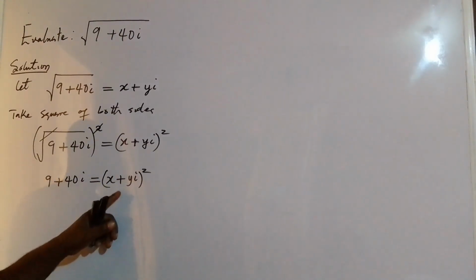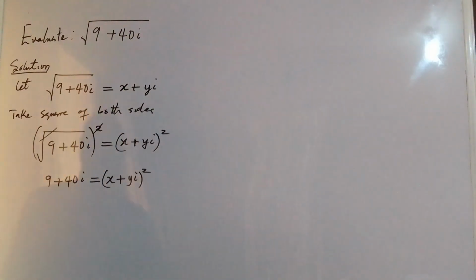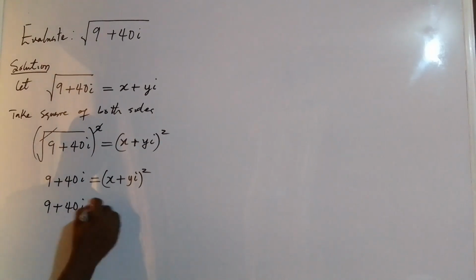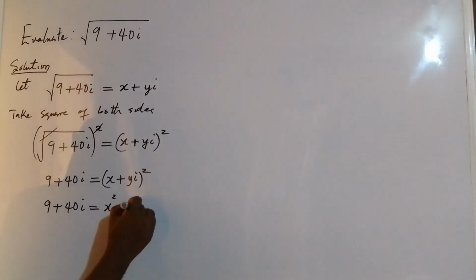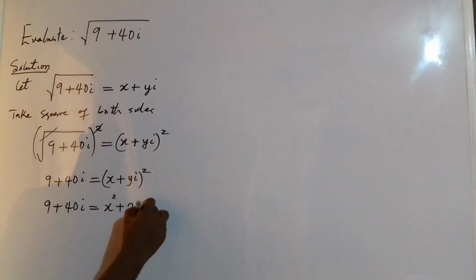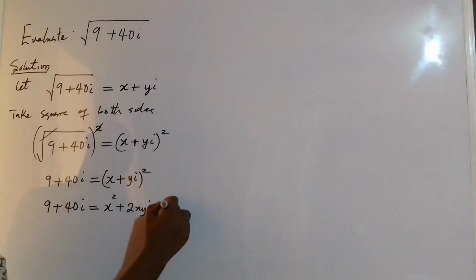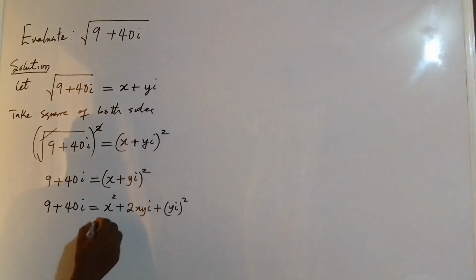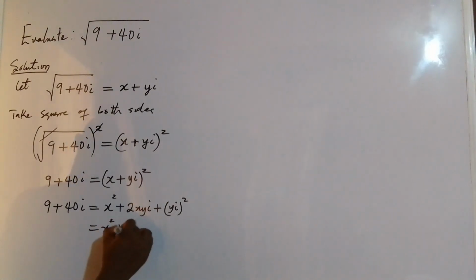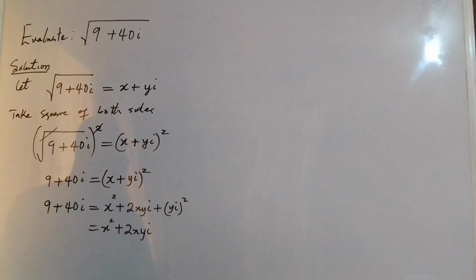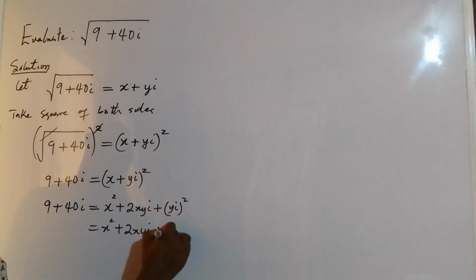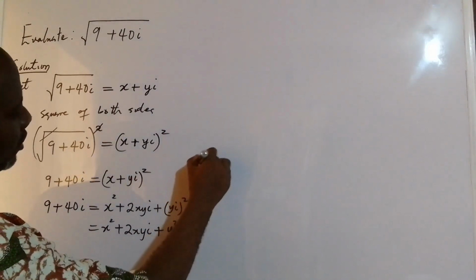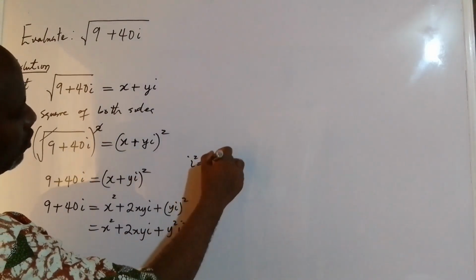I'm going to expand the right hand side, so I get 9 plus 40i equal to x squared plus 2xyi plus y squared i squared. Of course, we know that i squared is minus 1.